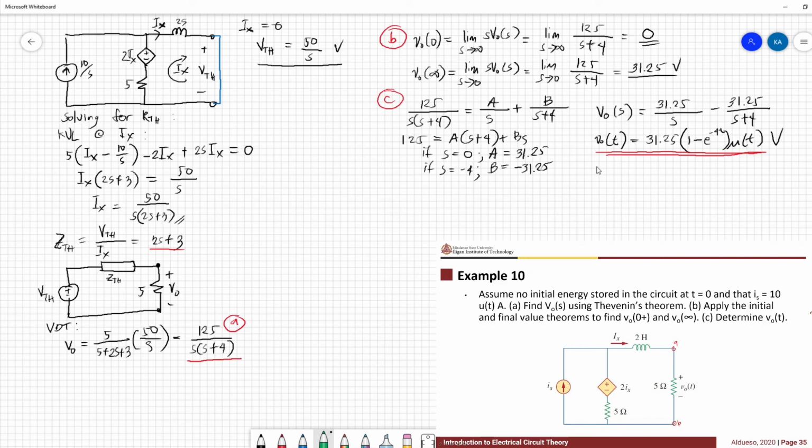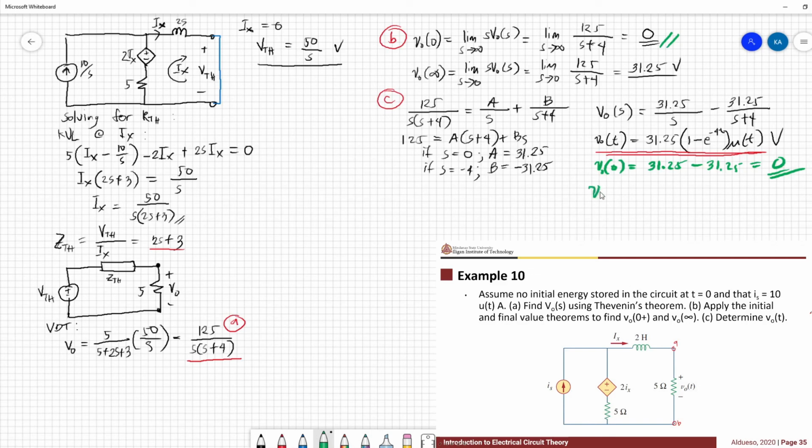Now finding the initial and final value using this time domain expression, if we have Vo of 0, we have 31.25 times 1 minus e to the 0, and e to the 0 is 1, so we have 31.25 times 0, which is 0, the same as this one.